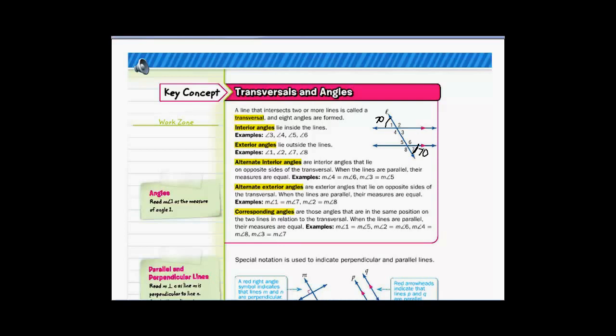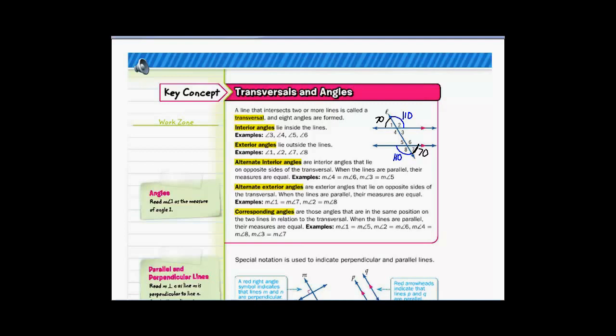So let's say I told you that angle 2 is 110 degrees. What is the alternate exterior of that? Angle 8. So that would be 110.